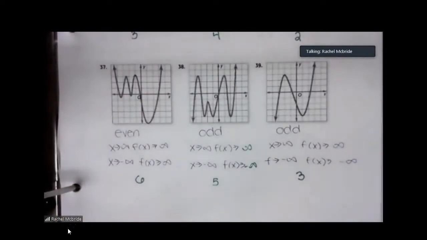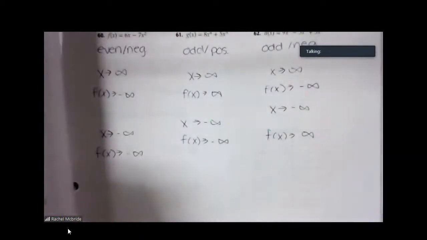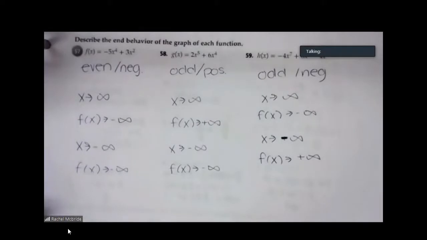Okay, 37, 38, and 39. Okay, and then I know your 57 to 60 are a little bit smushier. But there's 57.